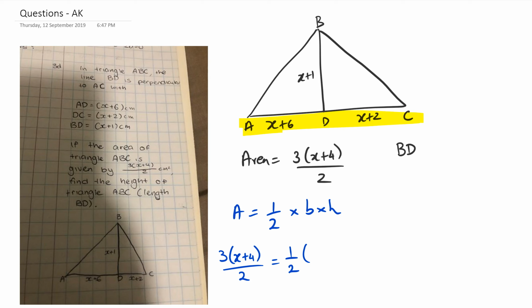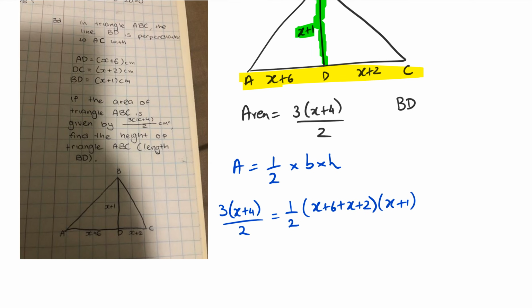So that means we've got x plus 6 plus x plus 2, multiplied by the height, which is x plus 1. The first thing we can do is get rid of the 2's in the denominator.